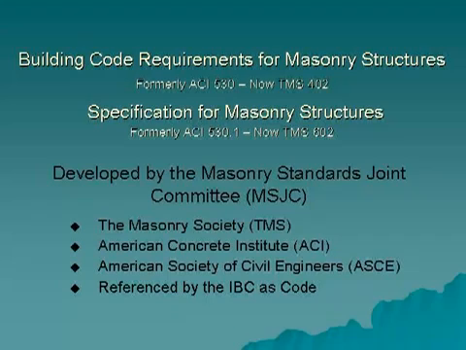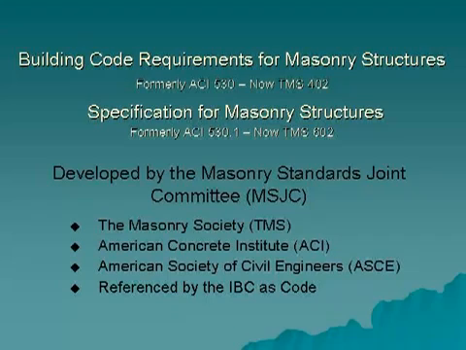The International Building Code references this code, and so this code and specification becomes part of the IBC code. Since most, if not all, municipalities have adopted the International Building Code, they have also adopted the new TMS 402 code and the TMS 602 specification as shown in this slide.